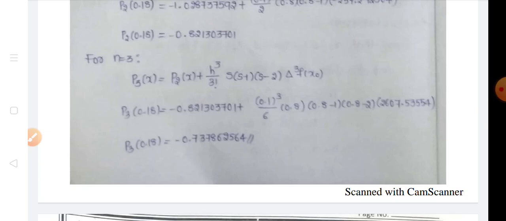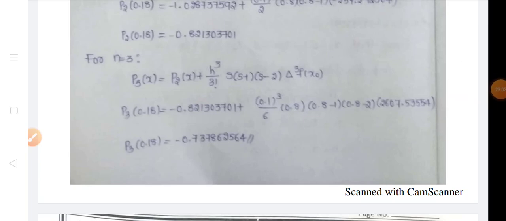P3 of 0.18 is equal to P2 of x, minus 0.82130 plus h cube, 0.1 whole cube by 6 into s, 0.8, s minus 1, 0.8 minus 1, into s minus 2, 0.8 minus 2, into delta cube f of x naught, 2607.53554.